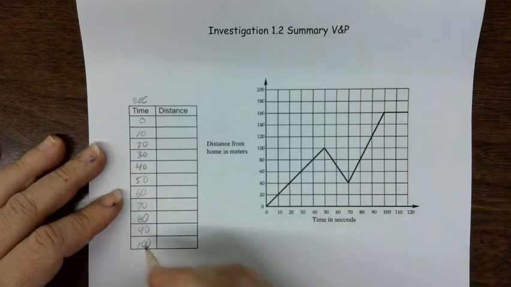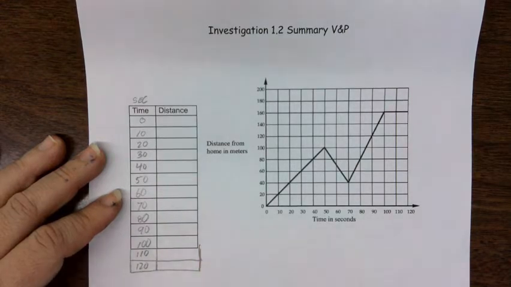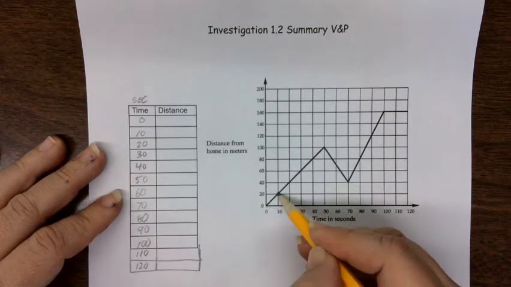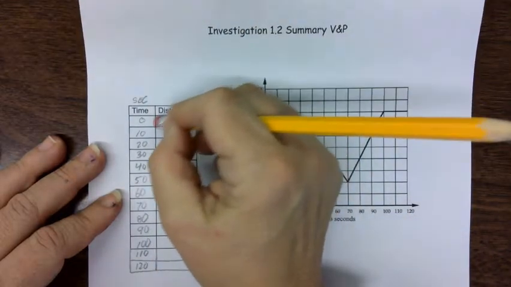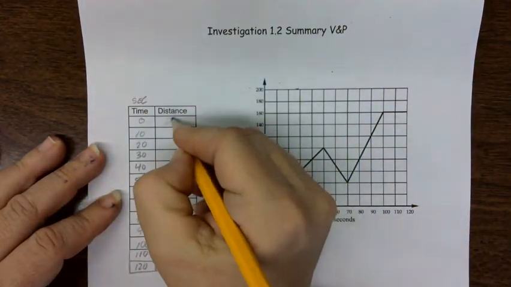Because I'm going to need to add 110 and 120 here. At point 0, we're starting off at a distance of 0.